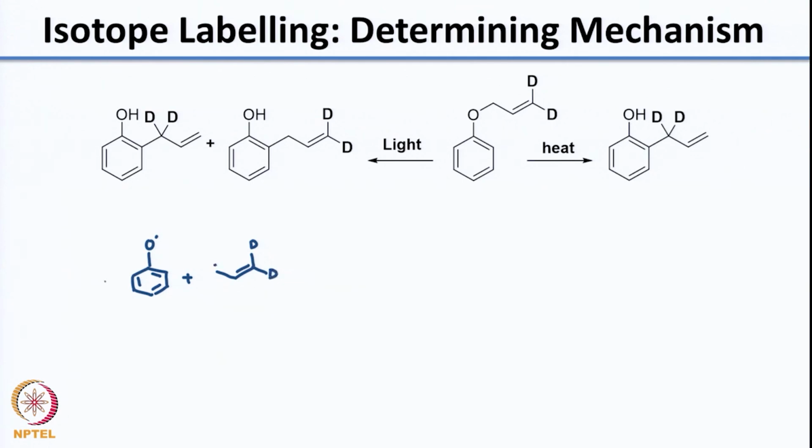Now, this has the following resonance structure. Again, we had written the arrow push in the previous slide. Now, I can also push arrows here to generate another intermediate.